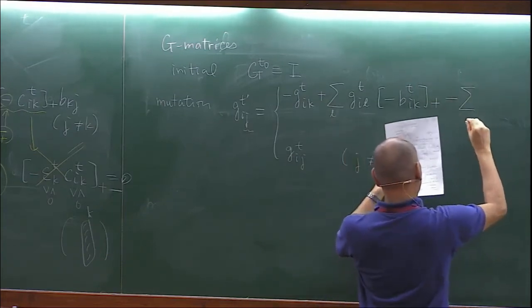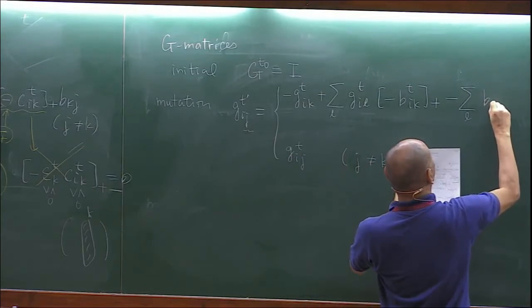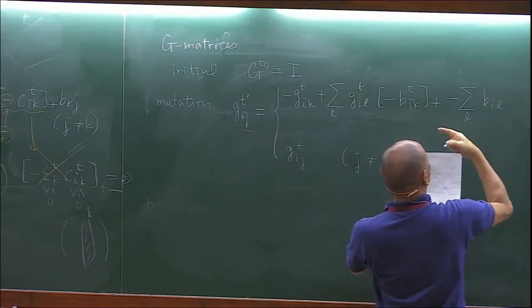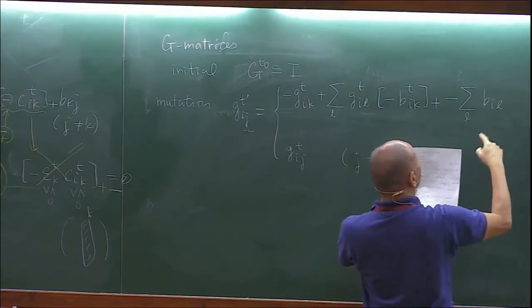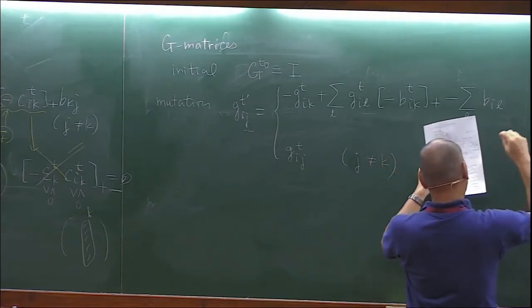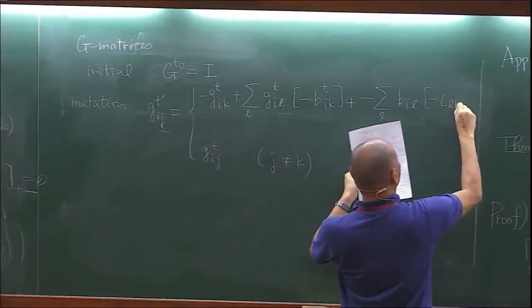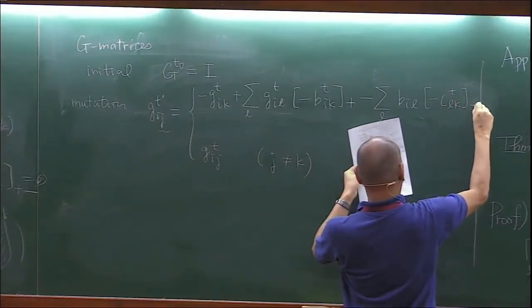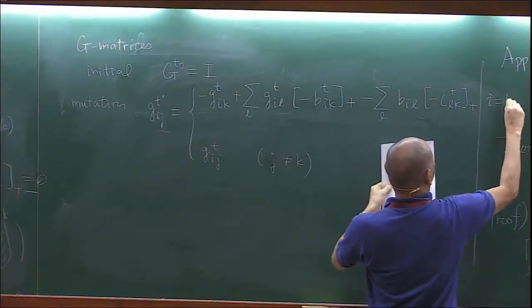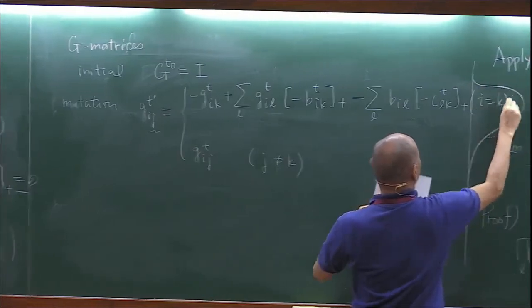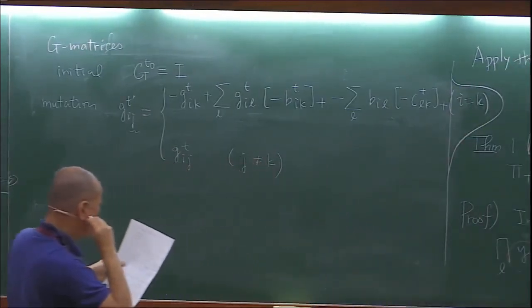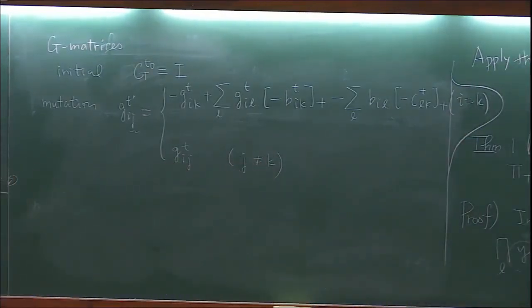It's not a misprint, and also we have a missing t. It's not a misprint. It's the initial B matrix, and we have minus c_lk plus when i is equal to k. Yeah, I wrote this formula yesterday, but let's look at it a little closer this time.